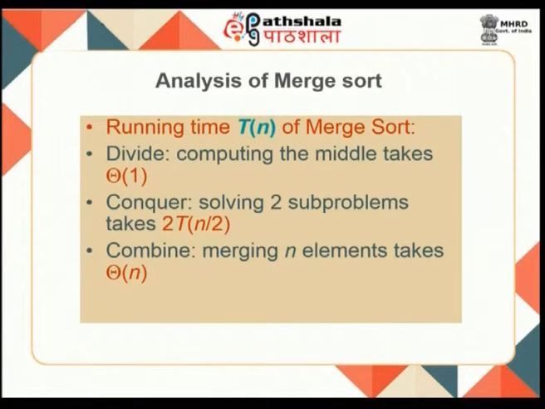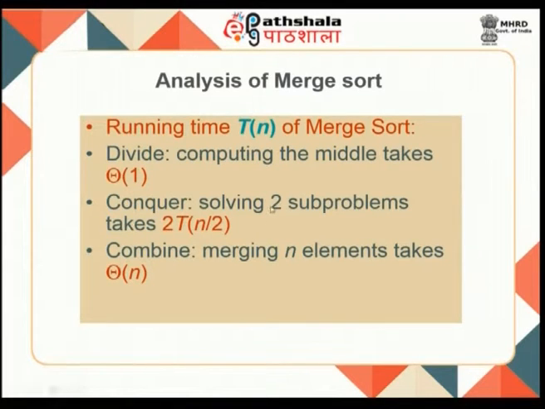So, you can see this is the analysis of the merge sort. In merge sort, computing the middle, that is q is equal to floor of the lower bound plus upper bound by 2, takes constant time, and every subproblem has an instance of n by 2.